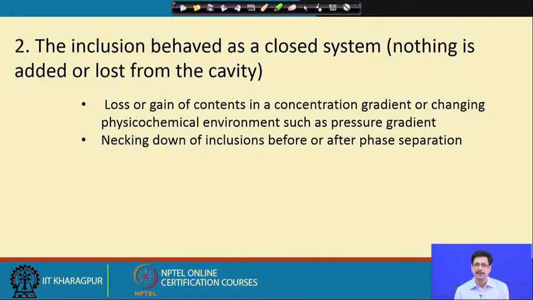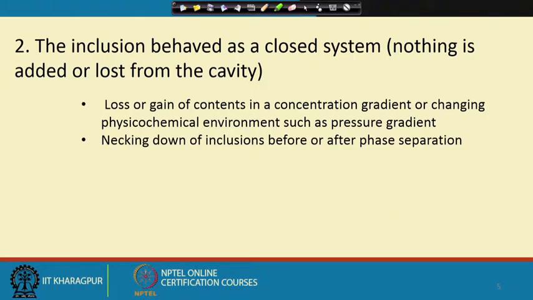This could have happened when the initially formed mineral in the particular rock or a mass of vein is emplaced in a different crustal environment in terms of the physicochemical parameters, and a concentration gradient or a pressure gradient may be established, which will allow for change in composition of the fluid encapsulated within the cavity.